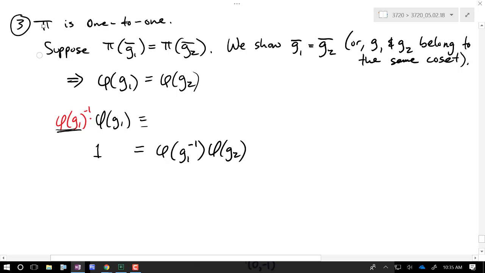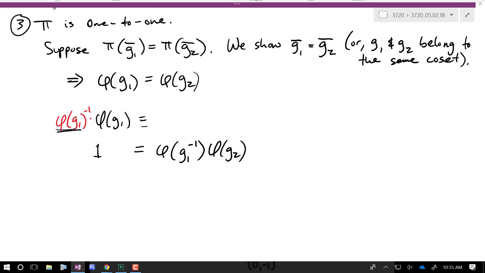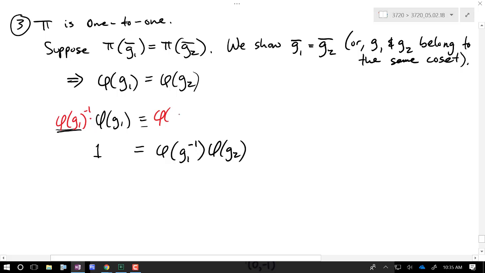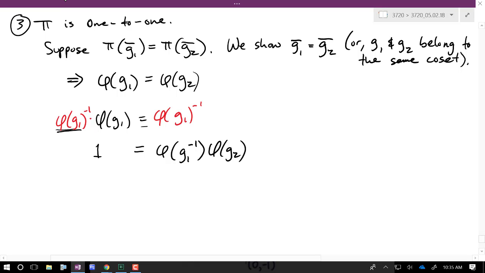It's because the operation's not commutative. In regular algebra that we're used to, addition and multiplication are commutative, so it's never mattered whether I add on the left or on the right. But if I'm multiplying on the left by this, I have to multiply on the left side by this, because the products won't be the same. So this should be phi of G1 inverse times phi of G2.